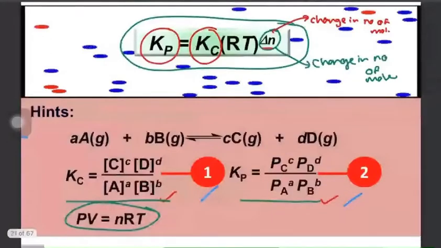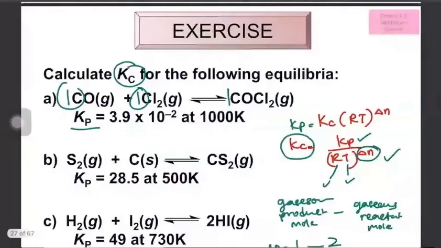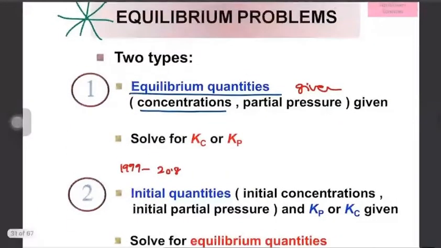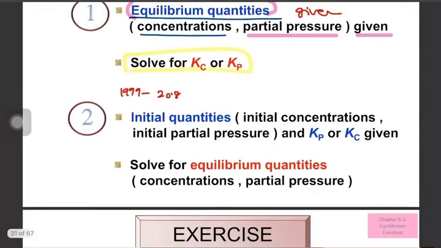So what advanced we are going to go is this. We have two types of problems. The first type is whereby the equilibrium quantities, the concentration or partial pressure, is given, and what you are required to find is Kc or Kp. The second type, what will be given to you is the initial quantities, like the initial concentration, initial partial pressure, and Kp or Kc, and you are required to find the equilibrium quantities.